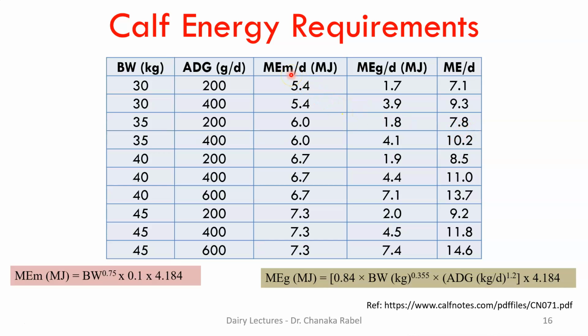So we talk about four different levels of energy: gross energy, digestible energy, metabolizable energy, and net energy, right? I want you to read up on this, look it up on the internet. Gross energy is the total energy in any given feed.